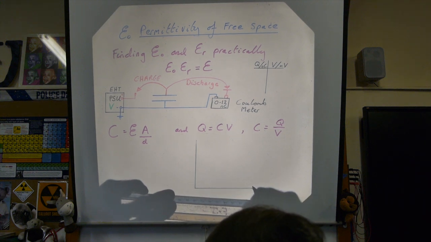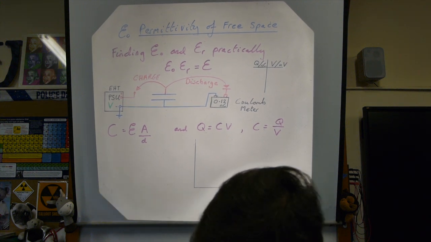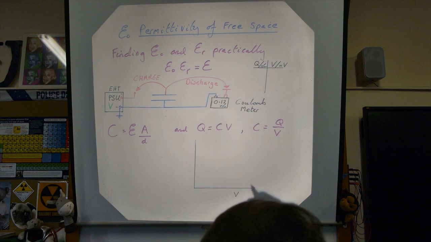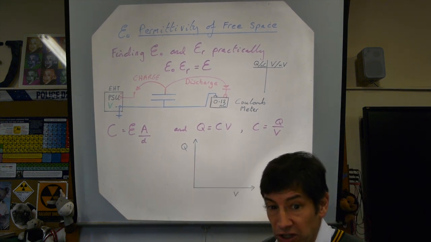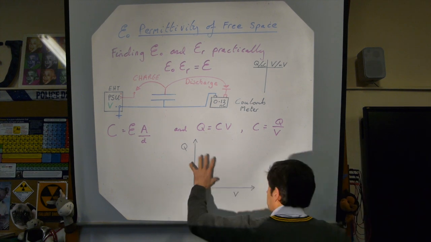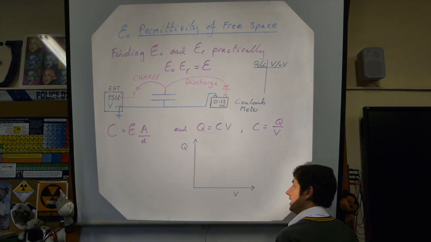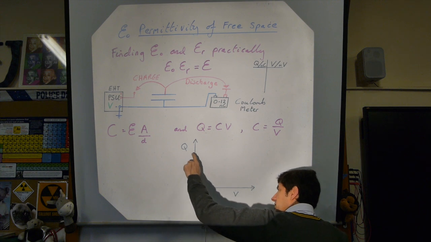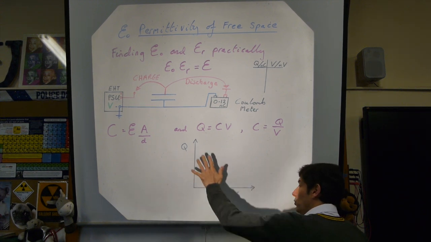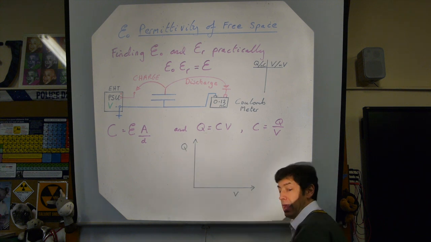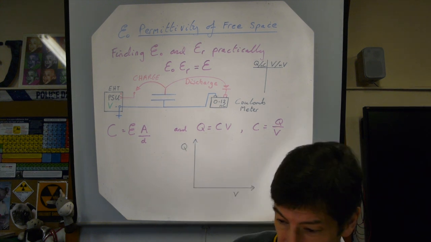And on the x-axis we'll have the potential difference, okay, the voltage. Now, this is just a sketch graph, if you see what I mean. I'm not plotting numbers, so I'm not going to say Q in microcoulombs, volts in kilovolts, etc. We're just going to plot Q against V as a sort of generic example.